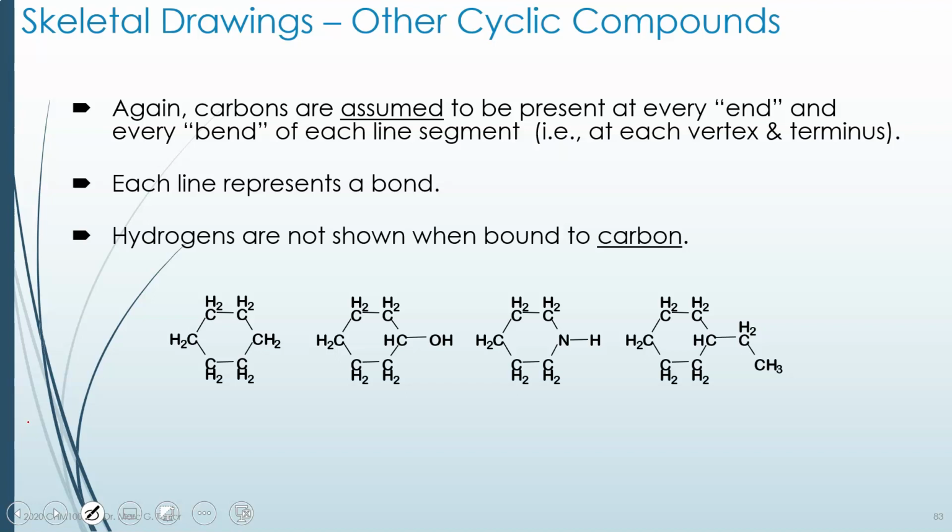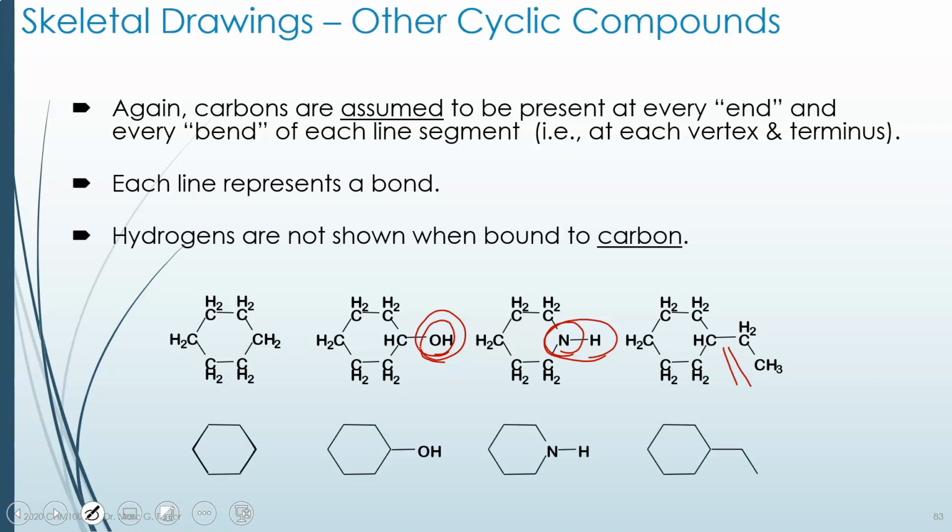We have one that has a heteroatom in the ring, a nitrogen, and one that has a heteroatom sticking out, and then one that just has a carbon side chain sticking out. So if we were to draw this, we would drop the hydrogens except for the ones on heteroatoms. We always keep those. And everything else is turned into the line representing the bonds between them. So we would draw it like this.